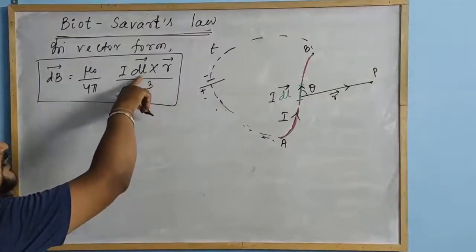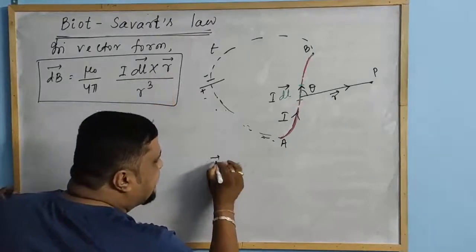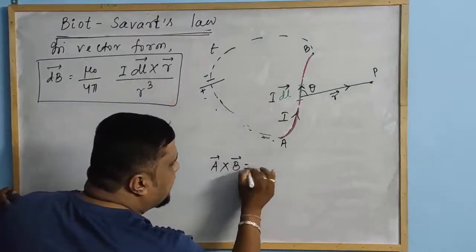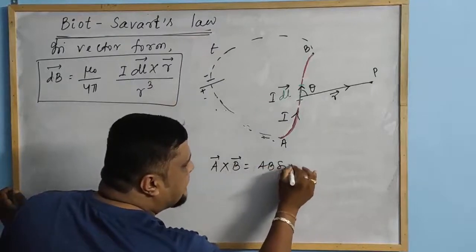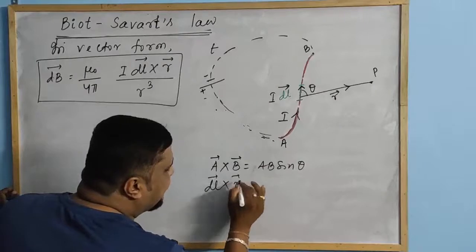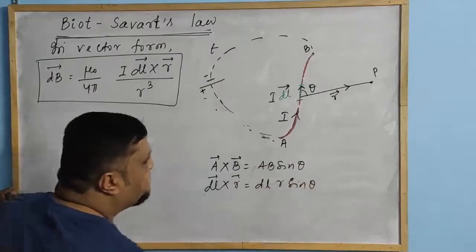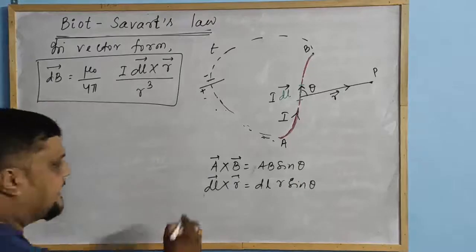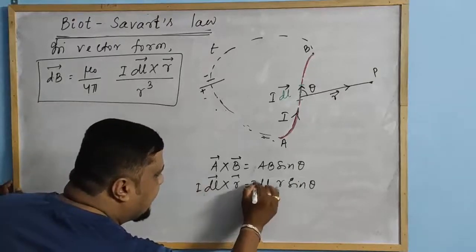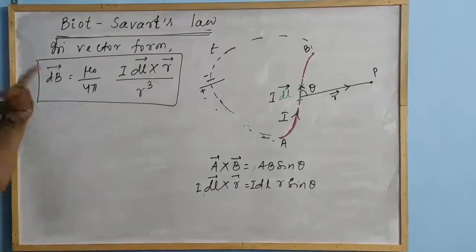As you know, A cross B is AB sin theta. Similarly, I dl cross r gives I dl r sin theta. Put that here.